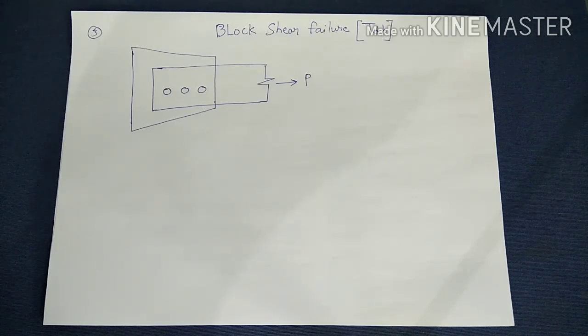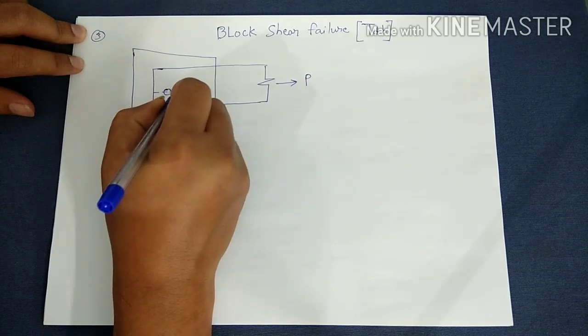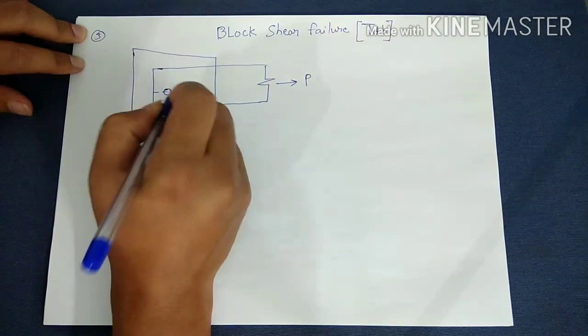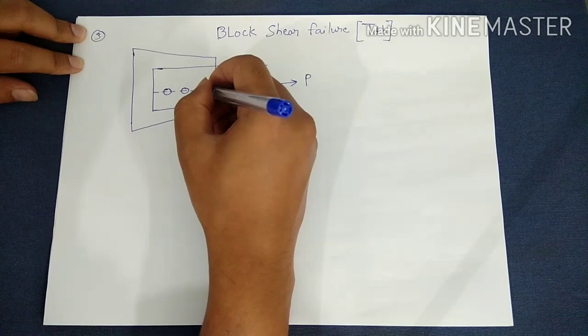In this type of failure, major portion of the failure occurs due to shear along the bolts. You can see that along the bolts in this way. And a part of failure occurs due to tension tearing, that is this part.